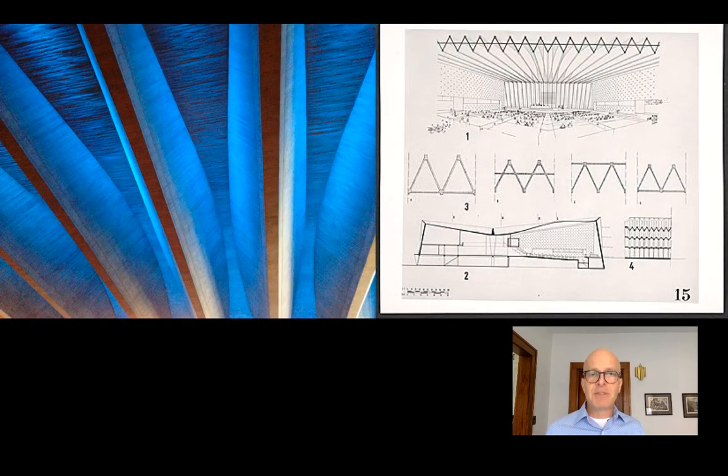And here, at the same time that Breuer and Nervi were doing the church at Collegeville, they were doing the UNESCO headquarters in Paris. And this one I think is particularly brilliant because you can see the folded plates here, very clearly, bathed in this kind of weird blue light. But you can see that there's also this slab that runs between them, and that slab is this curved line right here.